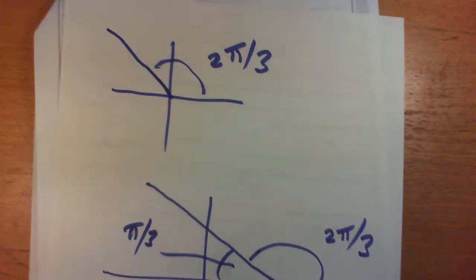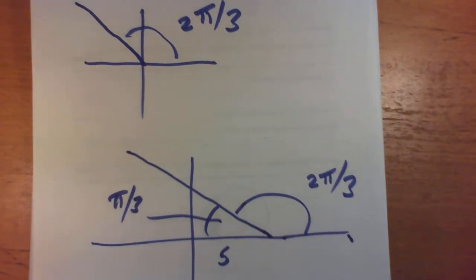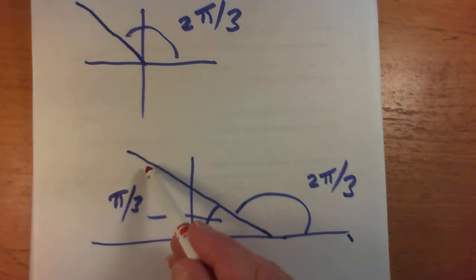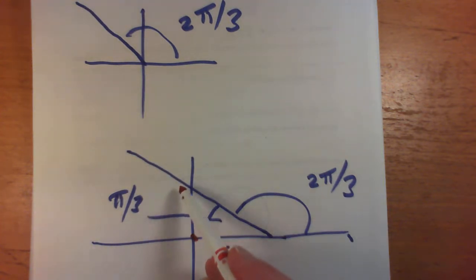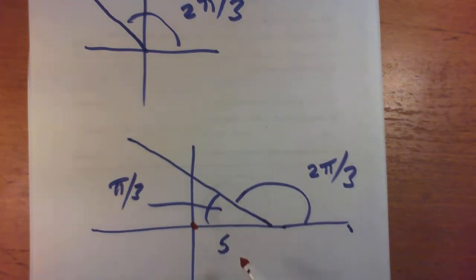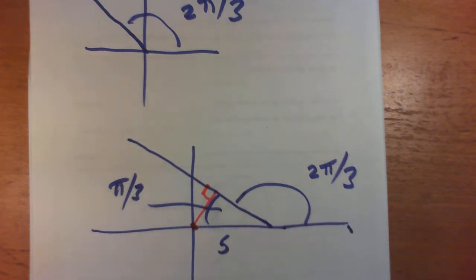Now it says determine the least value of the magnitude of z as z varies. So what that means is that this z is going to start from here, but it's going to vary. The magnitude of z is going to vary as z sweeps along this line here. Now, where it's going to have its least value is where it encounters this line at a right angle.